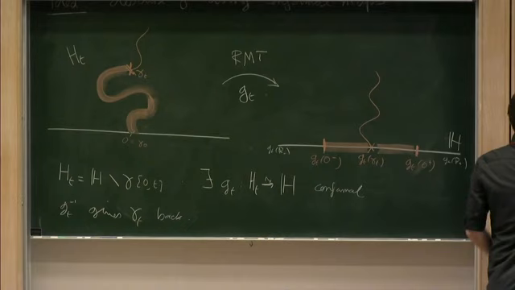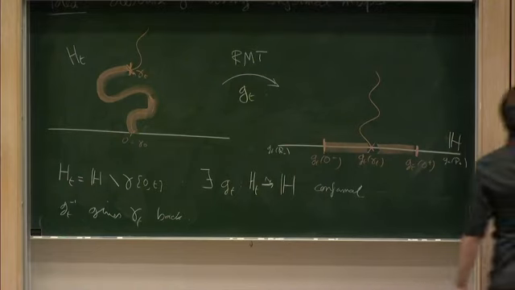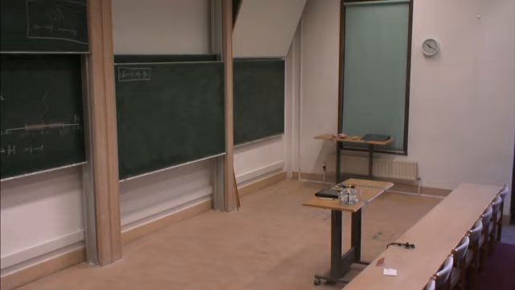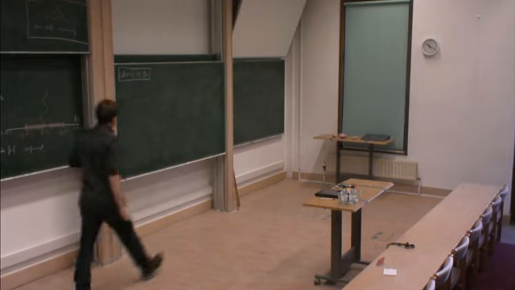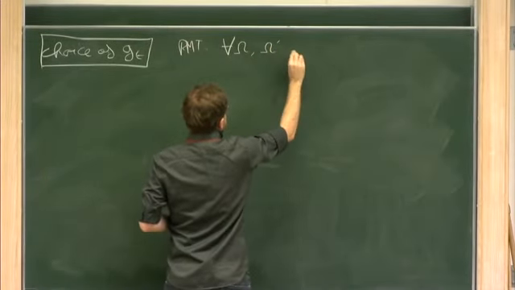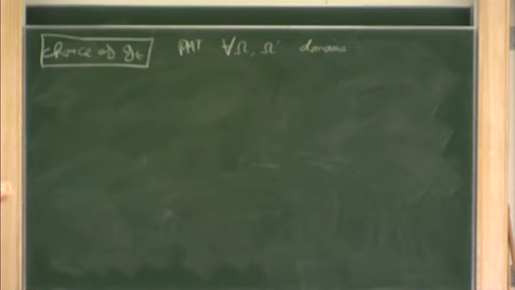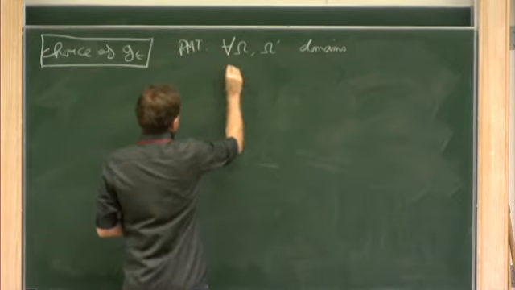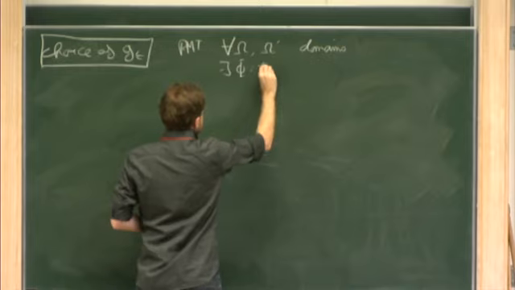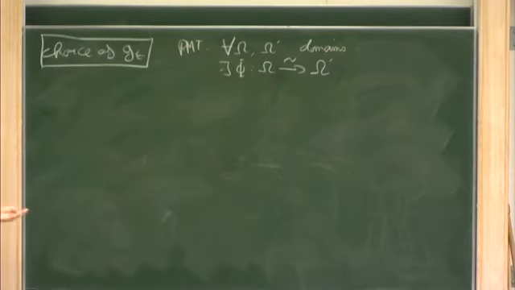So the first thing we need to be careful about is how to choose the gt. So what about the choice of gt? The Riemann mapping theorem tells you that for any omega and omega prime which are simply connected domains, and recall I'm always assuming that the domains are strict subsets of C, so it's not C itself, there is phi which is a conformal map from omega to omega prime.